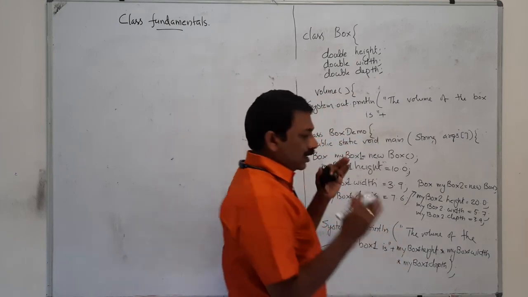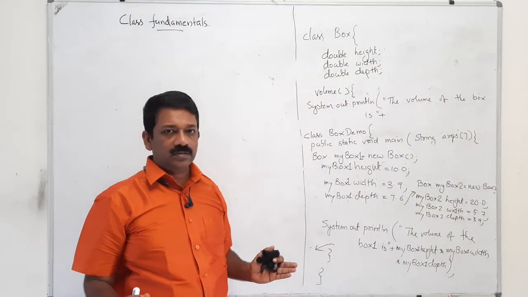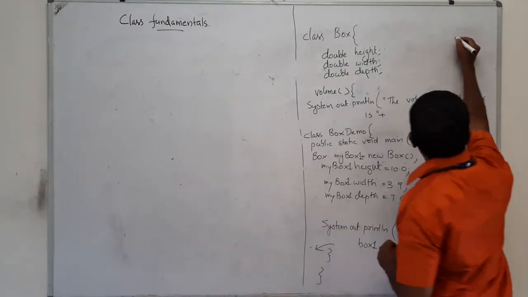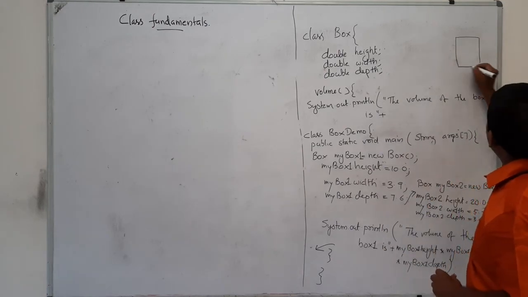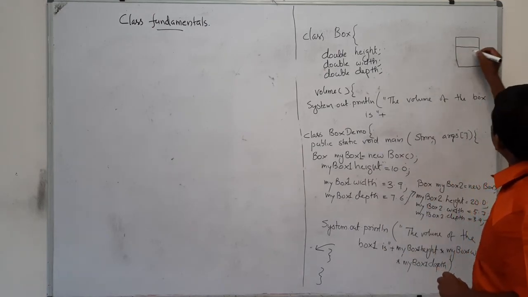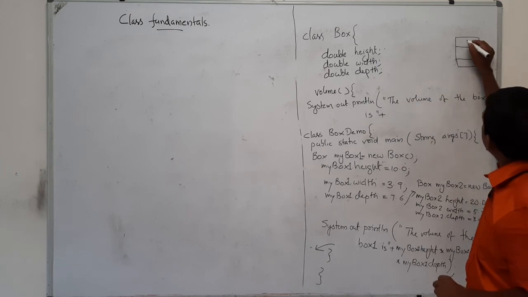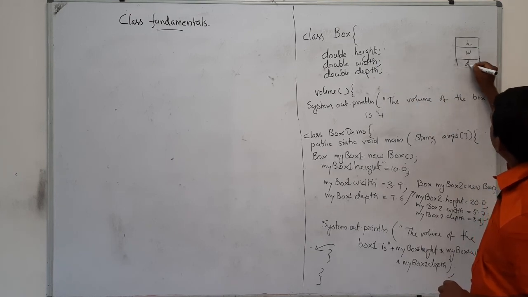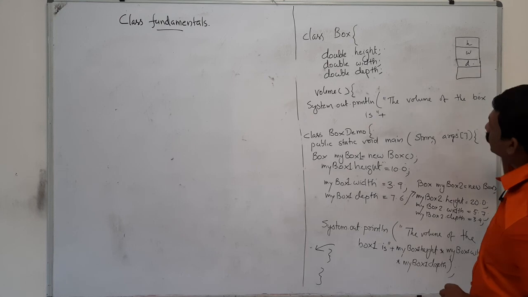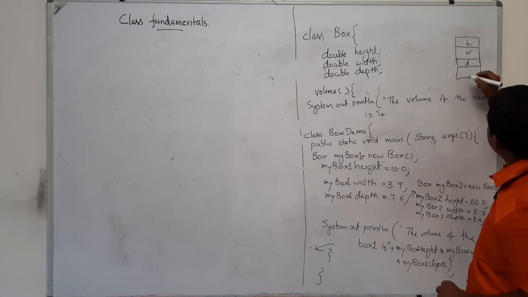If you are creating an object, this is the object. It has height, width and depth, and a method is also there. This is the method which is volume.